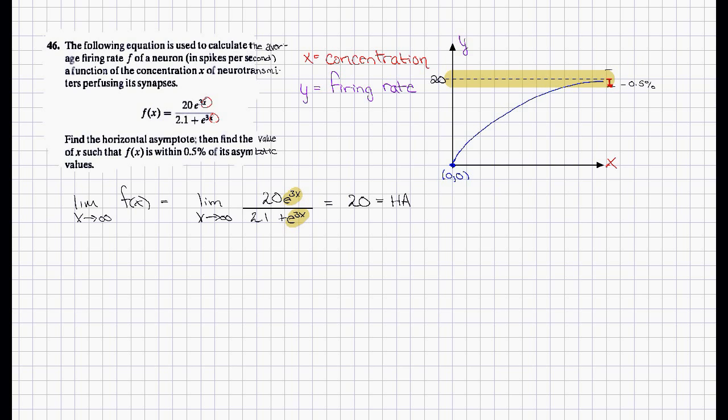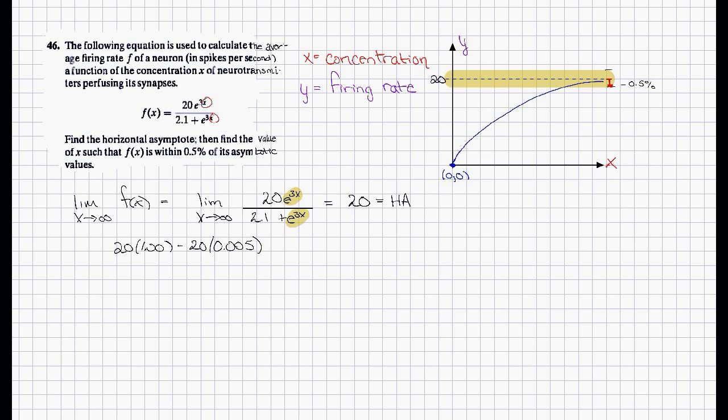You can think about that in a couple different ways, but you could just think about the fact that, well, you have 20 times 100% minus 20 times 0.005.